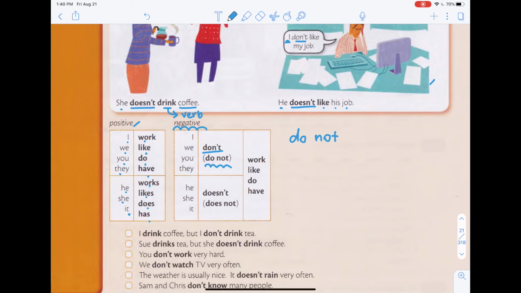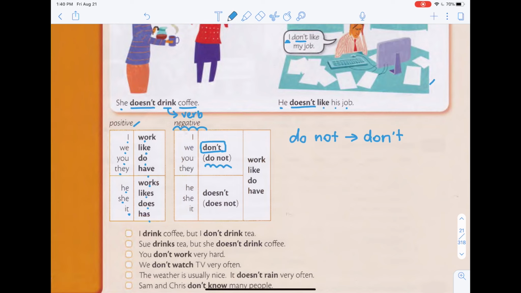Do not. Not makes it negative. But if you were to shorten it, remember you only use the short form when you're talking or in an informal setting. So do not becomes don't. Do not becomes n apostrophe t.